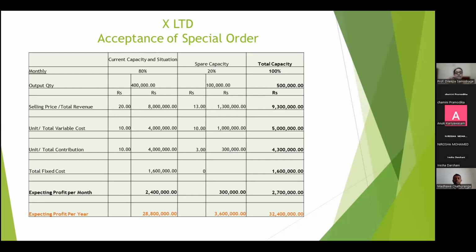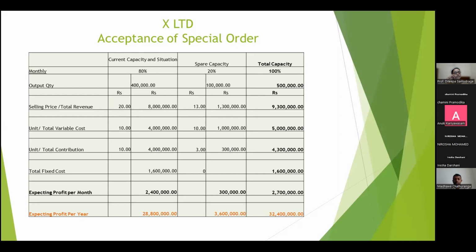When we consider the selling price and the variable cost, the contribution is still positive, and the fixed cost is in a fixed slab. That means even though we are utilizing this 20%, it won't go to the next level of the fixed cost slab. So we get that advantage, and when we utilize 100% of our capacity, the expected profit per month increases by another 300,000.